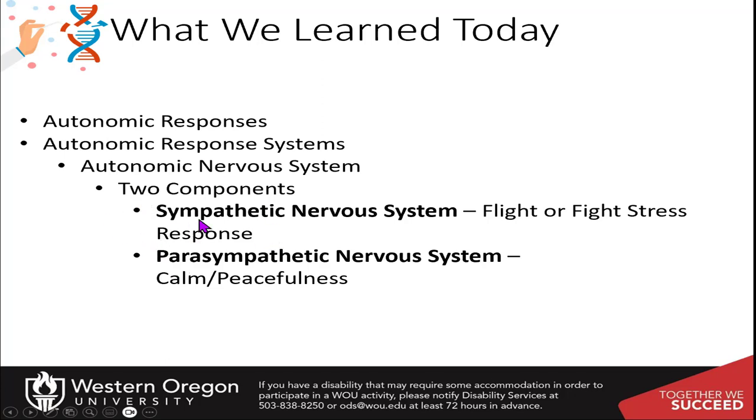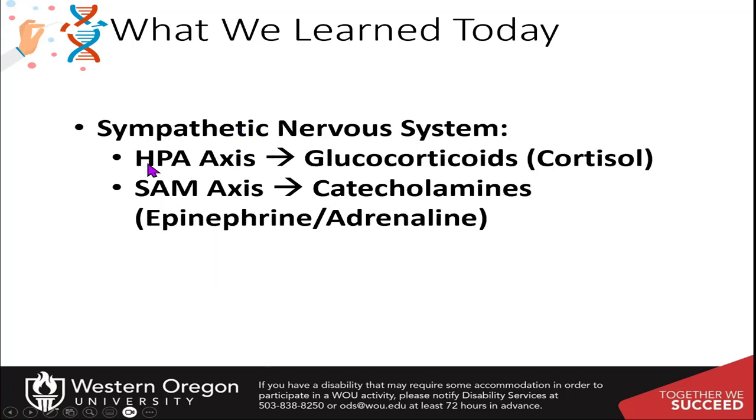So further, we also learned a little bit more about the sympathetic nervous system, which is also divided into two axes. When you're activating the sympathetic nervous system or the fight or flight response, you have the HPA axis, which goes hypothalamus, pituitary, adrenal gland. This causes the release of glucocorticoids, specifically cortisol, in our flight and fight response.